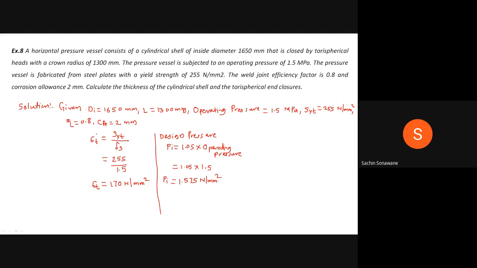Now we will calculate the thickness of the cylindrical shell, because they have asked to calculate the thickness of the cylindrical shell and the torispherical enclosures. First of all, thickness of cylindrical shell. T is equal to, what is the formula?